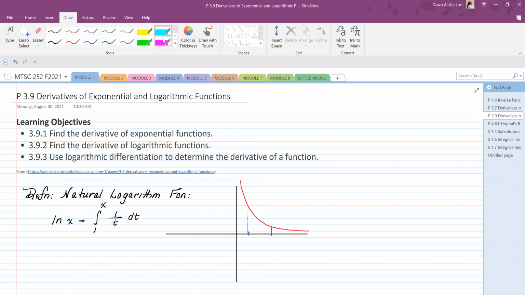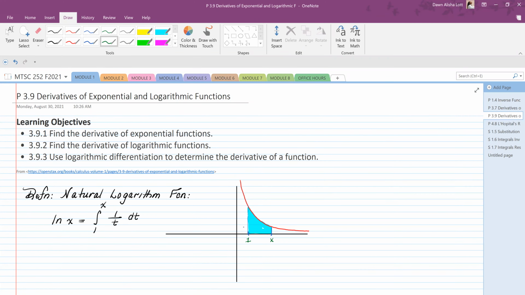So I can draw the area under this curve. And that by definition, if I pick an x to go up to whatever x I choose, the area under the curve from 1 to x is what we define to be the logarithm function.